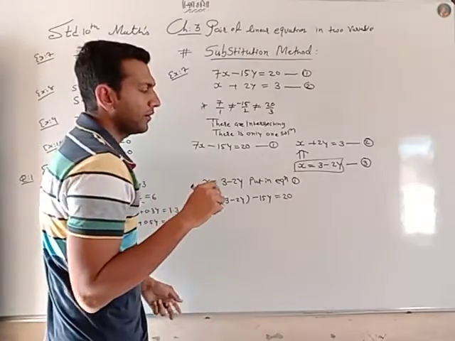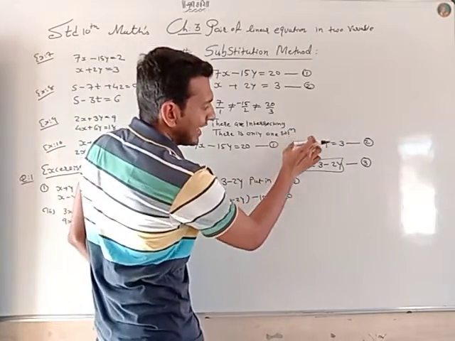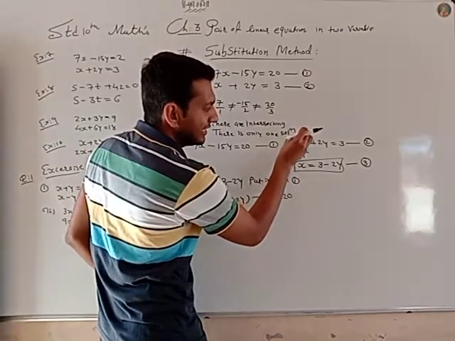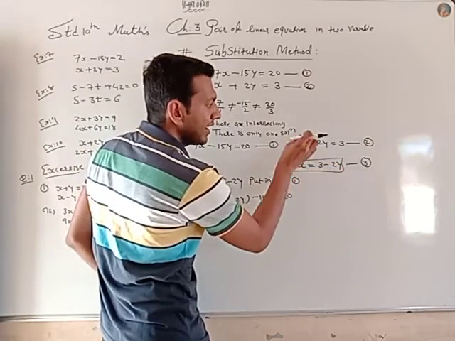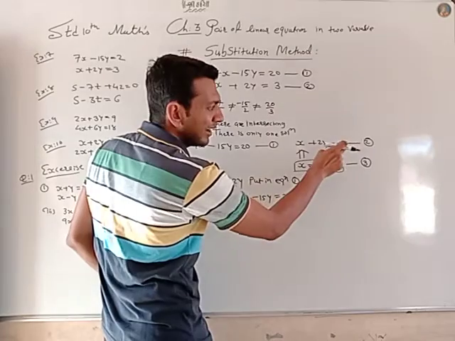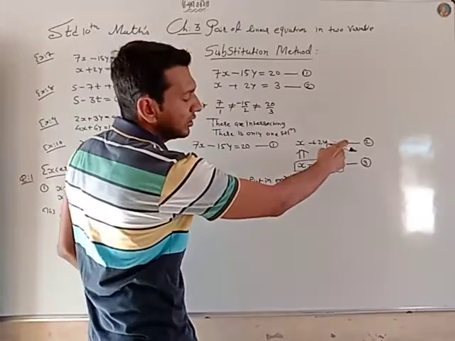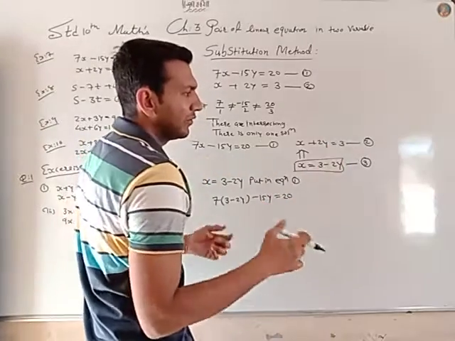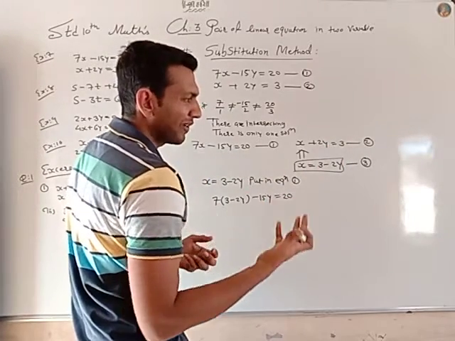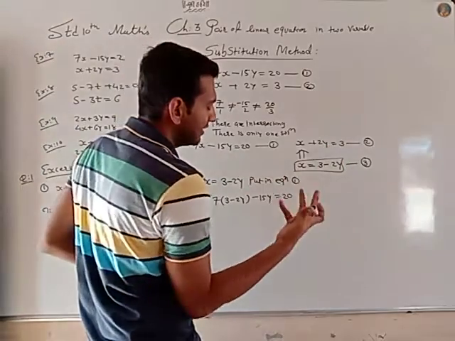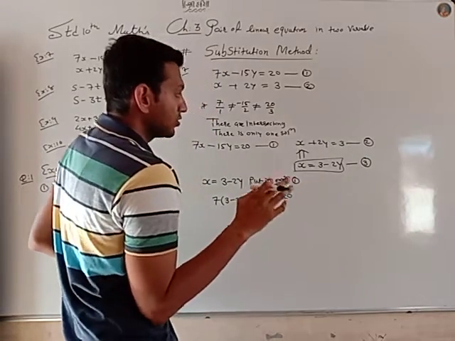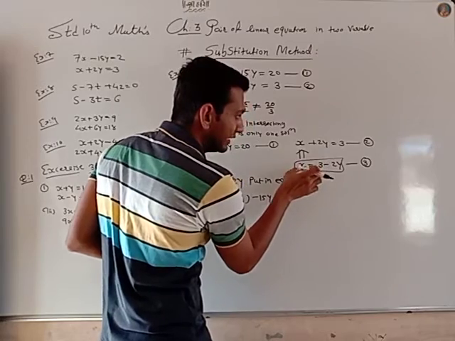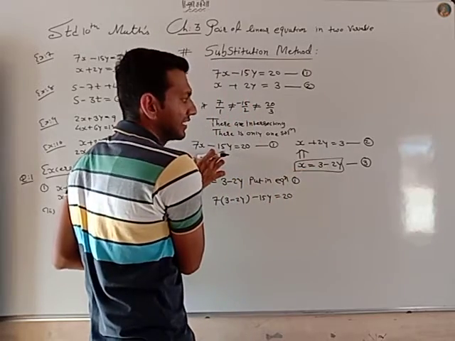One more important thing: if you find x from the second equation, you cannot put x is equal to 3 minus 2y in equation number 2, otherwise you will get 3 is equal to 3. The variable is eliminated, so you cannot find the value of the variables. So if you find the value of x from equation 2, put this in the other equation.